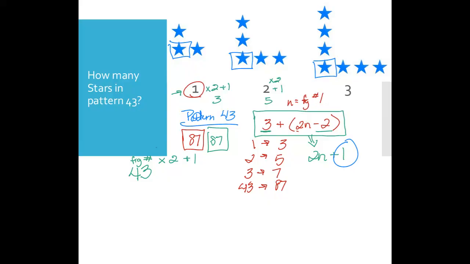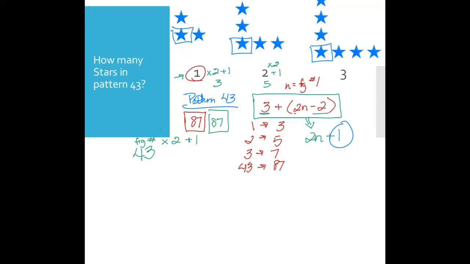Here it's 3 plus 3, 3 times 2, which is 6, plus that 1. So this would be 43, because it is figure 43 times 2 plus the star in the corner. Does that make sense? Yeah, nice job. Very nice. Does everybody see that? Okay. All right. Very good.